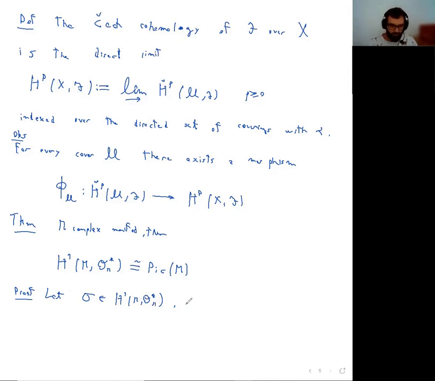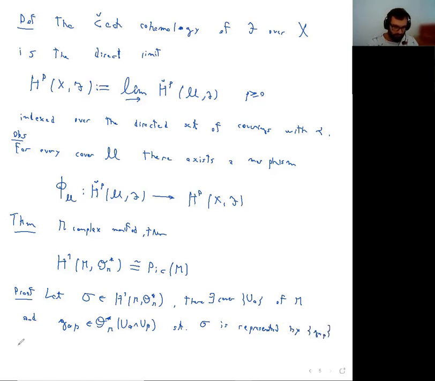So in particular, there exists a cover alpha of M and a cochain that represents sigma. These are g_alpha_beta in O*(M, U_alpha intersected U_beta), such that sigma is represented by this g_alpha_beta. And of course, this is a cocycle.